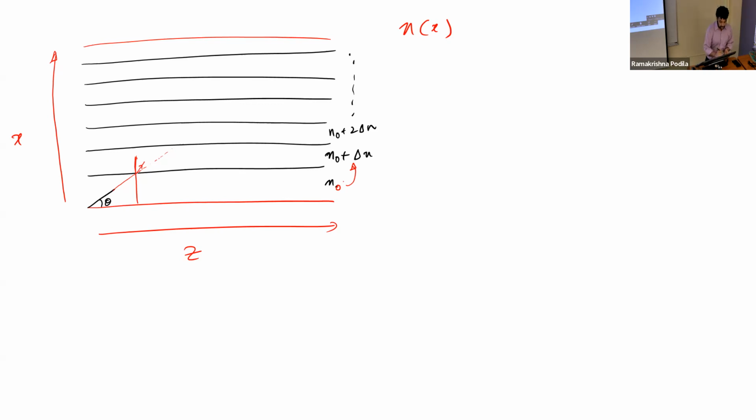Now, notice that this ray has to travel along the Z direction to go to the next boundary.